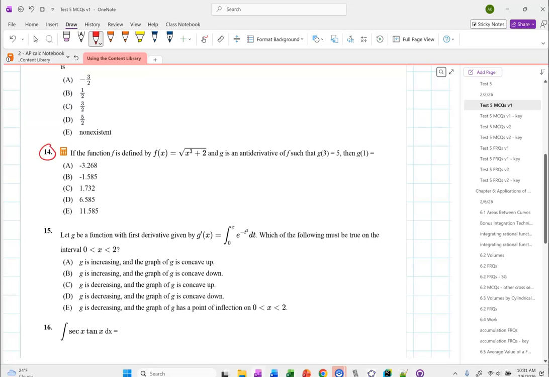Calculator problem, note. And this is one that it cannot be done without it.